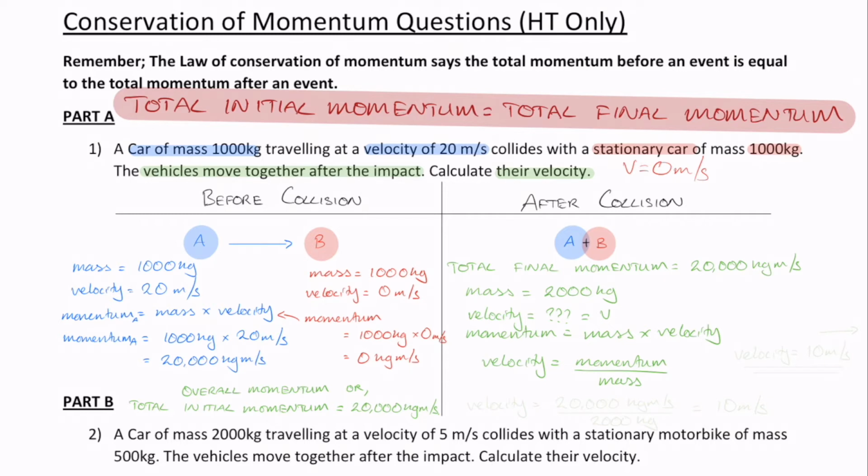If we substitute in our values, velocity equals 20,000 kilogram meters per second divided by our mass of 2,000 kilograms. 20,000 divided by 2,000 is 10 meters per second. So our final answer is velocity equals 10 meters per second in this direction. And that's our final answer.